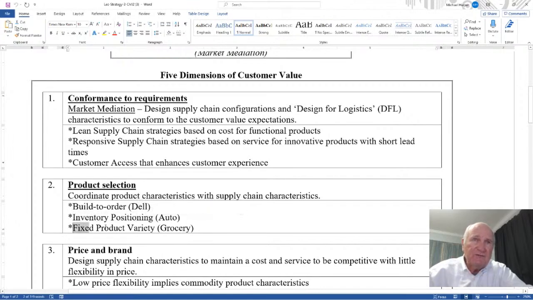Grocery is fixed product variety, because the variety of your products, the quantity really doesn't change that much over time. The demand may increase and decrease, but the mix of variety is not going to change in a grocery store because they're going to keep it the same. And that's why large chains have their own brands, because the actual demand for a product doesn't change that much.